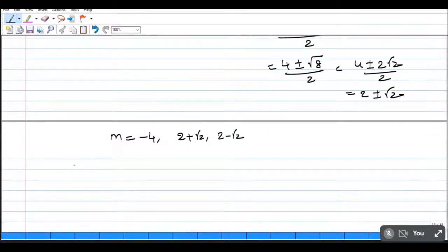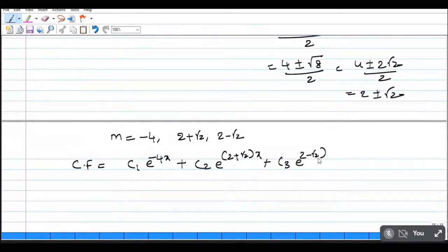What is complementary function? C1 e power minus 4x plus C2 e power 2 plus root 2 x plus C3 e power 2 minus root 2 x.